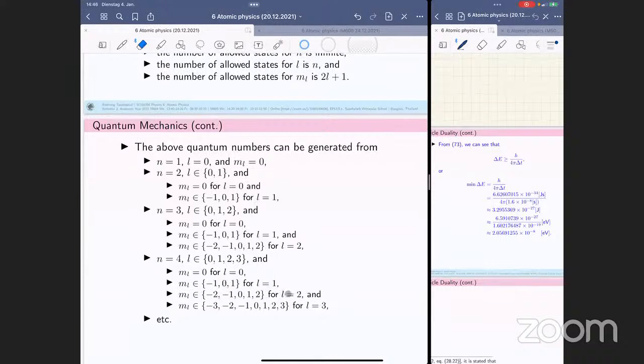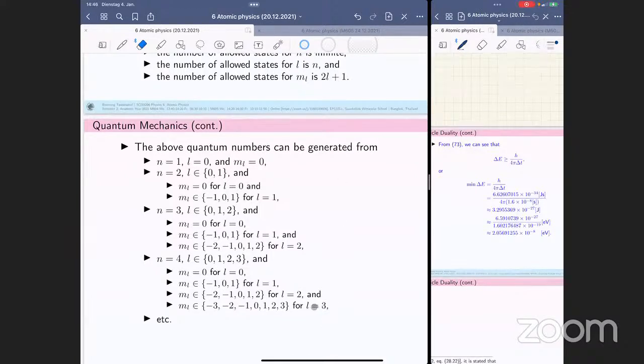When L is 2, you could have ML as -2, -1, 0, 1, 2. And when your L is equal to 3, you could start from something bigger than this case, from -3, -2, -1, 0, 1, 2, 3. So the number of possible cases here is 2L plus 1.